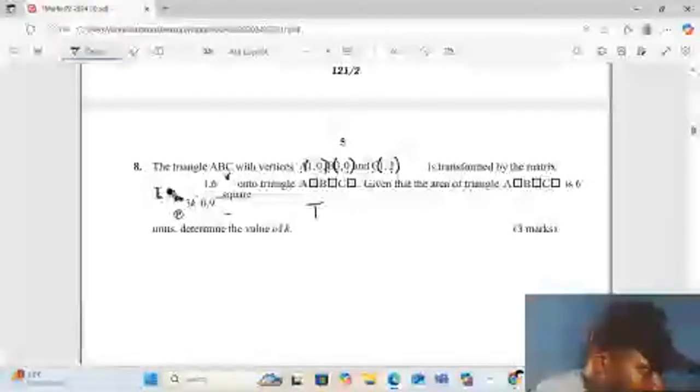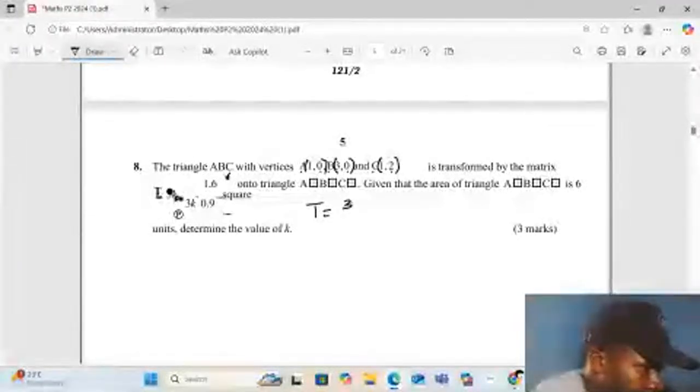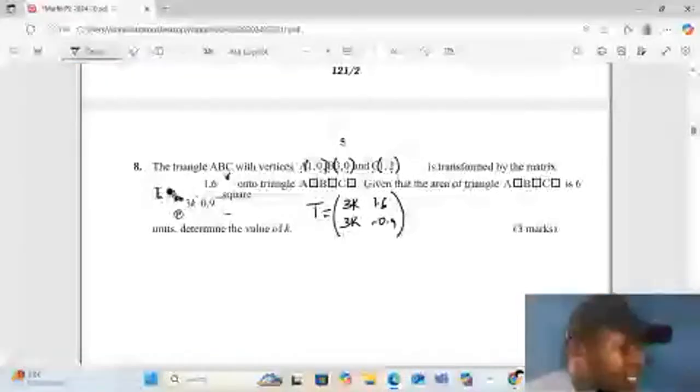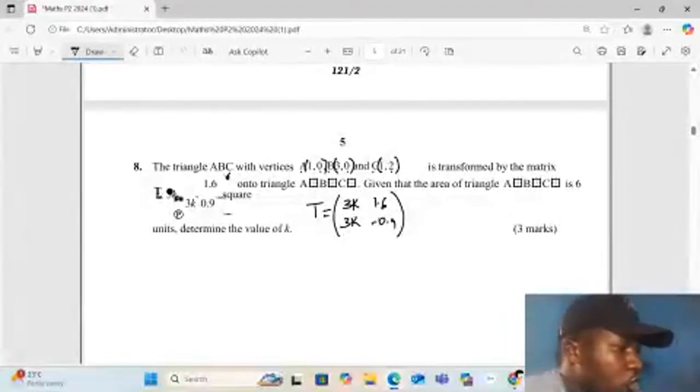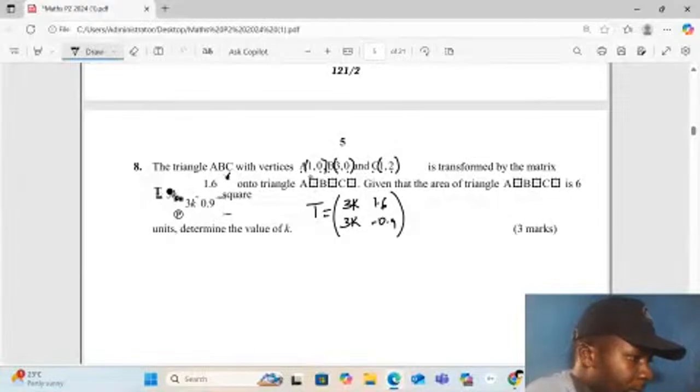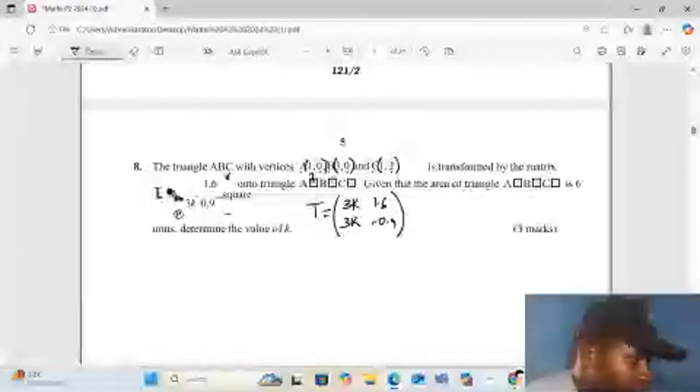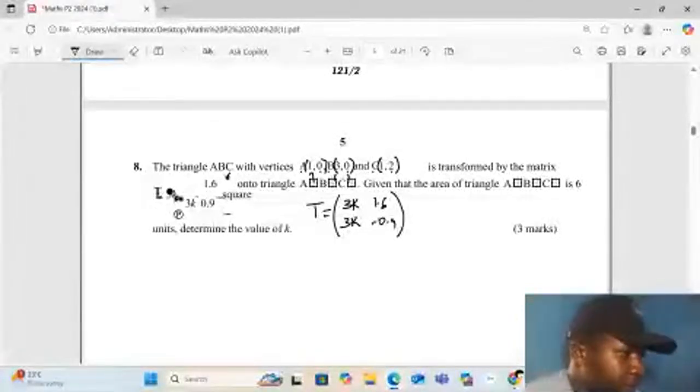T is equal to the matrix with 3k, 1.6 in the first row, then 3k, negative 0.9 in the second, onto triangle A prime, B prime, and C prime.